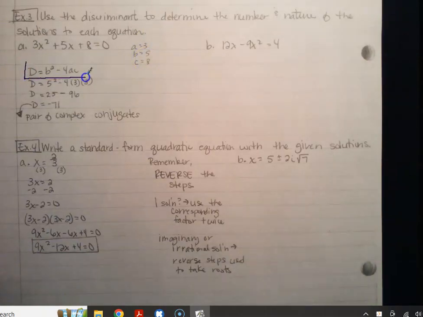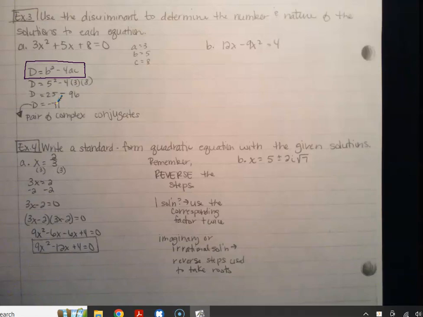Here's my formula for the discriminant, b squared minus 4ac. So I plug my numbers in. 5 squared minus 4 times A, which is 3, times C, which is 8. So I got 25 minus 96. And so D equals negative 71.